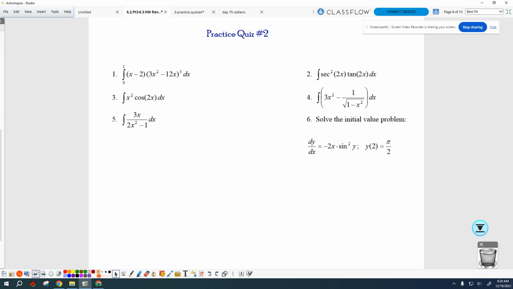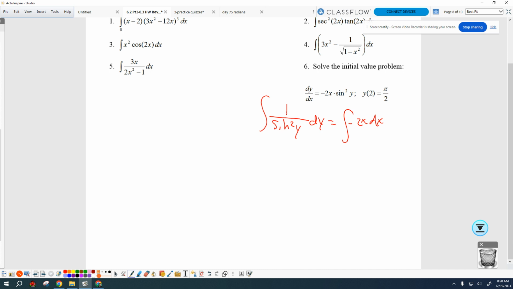I ended up having cosecant squared once you integrated it. You had to integrate cosecant squared y dy and integrate negative 2x dx. And then that ended up being cotangent. It was negative cotangent, and you divided by negative 1 on both sides, so my answer looked different when I did it, and from the answer too.